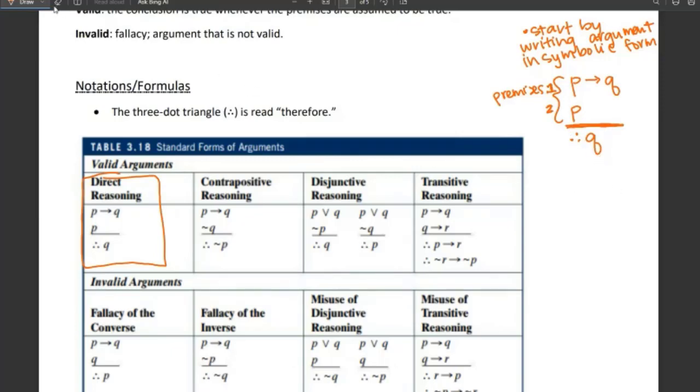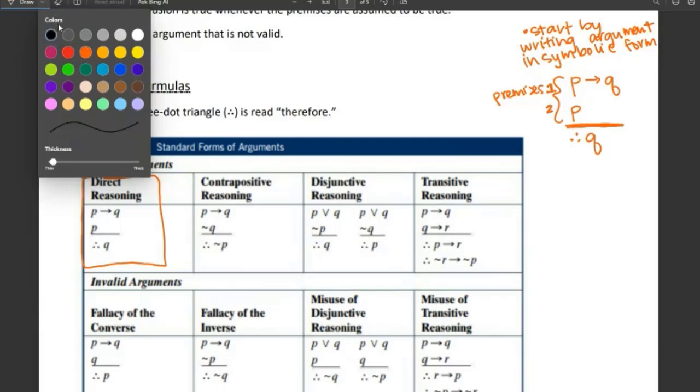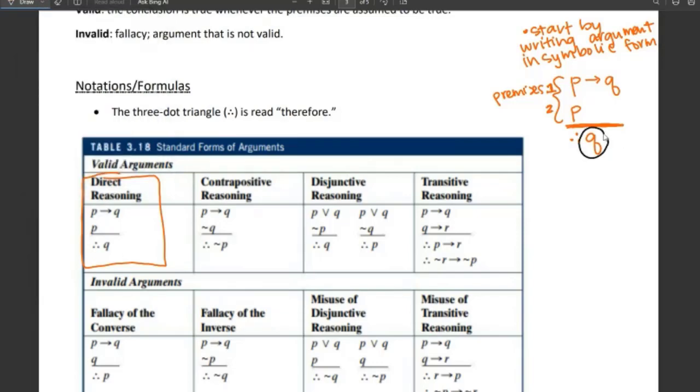So what you're going to do is take our conclusion and bring it up. And whenever these 2 match, it is our repeat of our conditional statement. So that is our direct reasoning. So that is how you're going to look at these arguments.